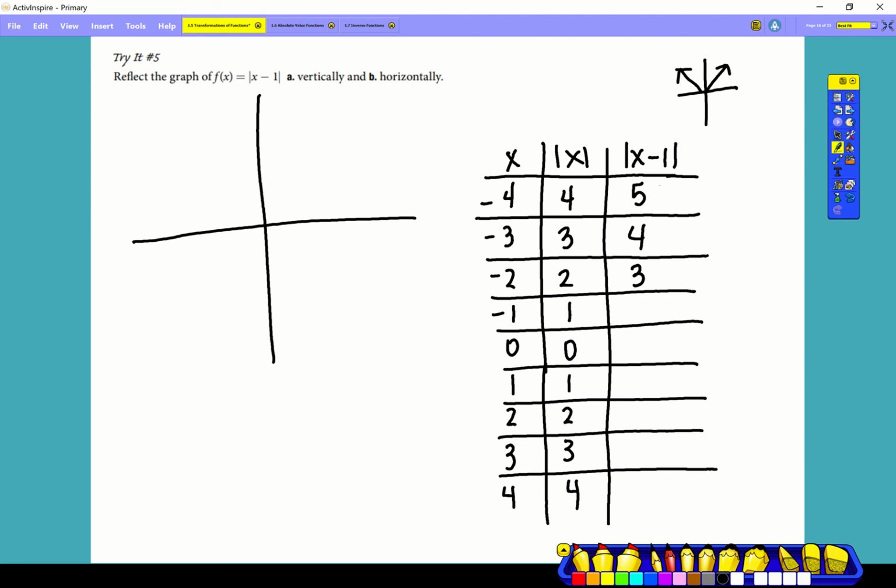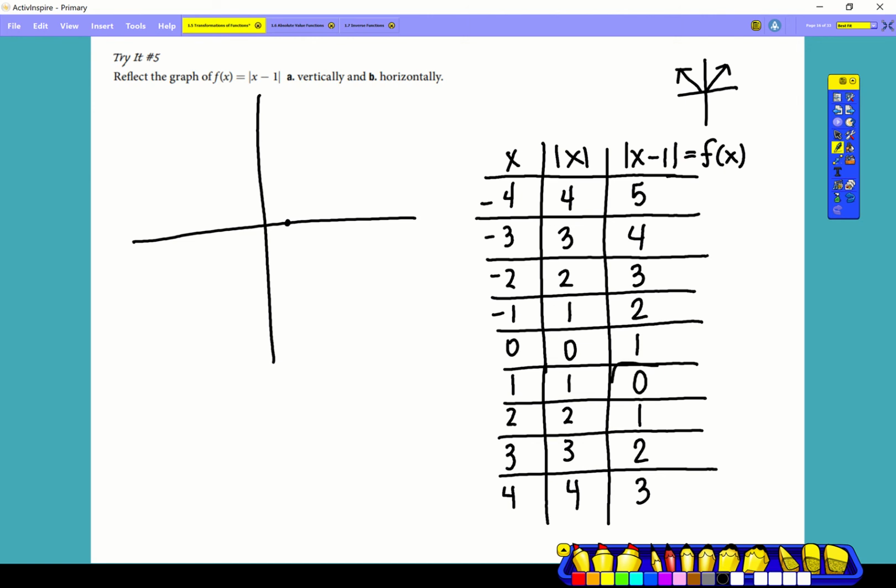So we have -1 minus 1 is -2, which gives us just 2. 1. 1 minus 1 is 0. 2 minus 1 is 1. 3 minus 1 is 2. So what we have is when x equals 1, the y of this function is going to equal 0.